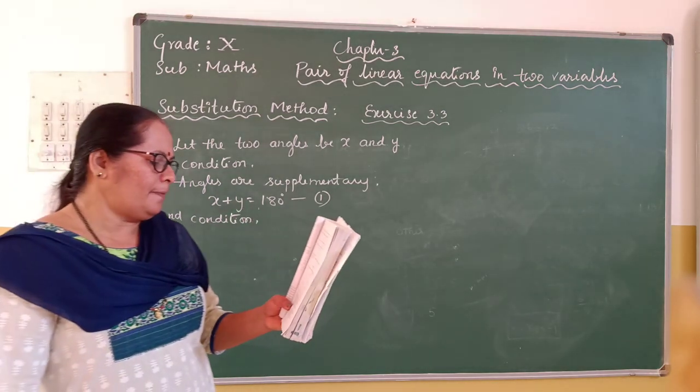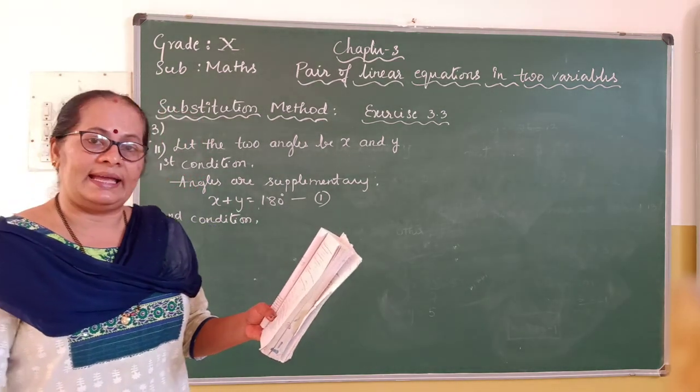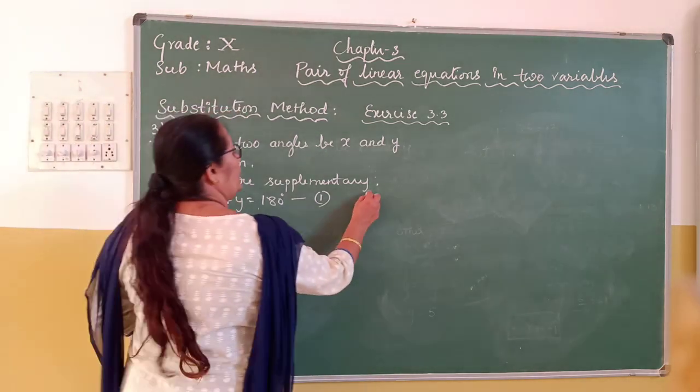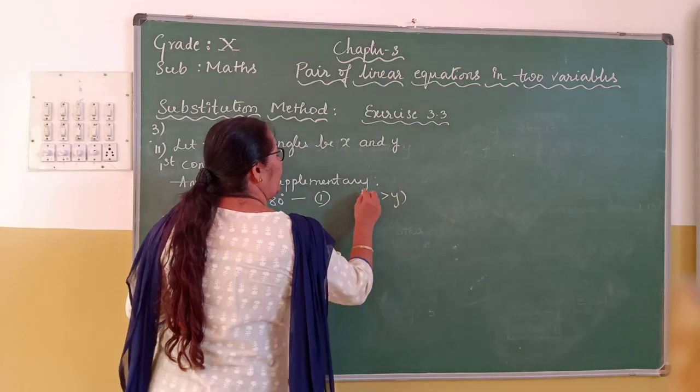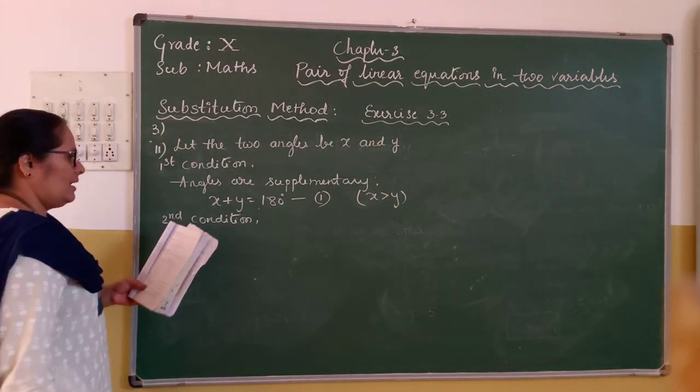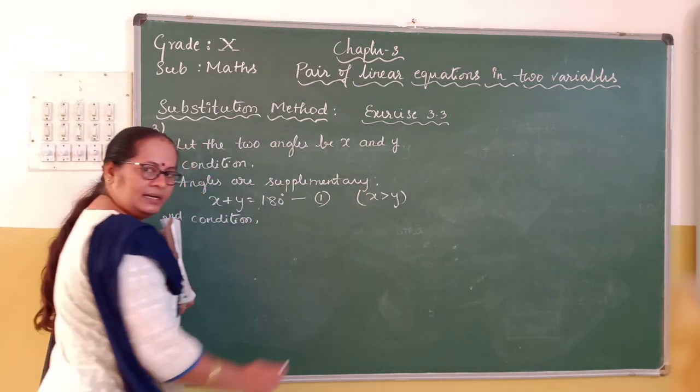The larger of two supplementary angles exceeds the smaller by 18 degrees. Here, we have taken x is greater than y. This condition you have to apply. Which is the larger one here?